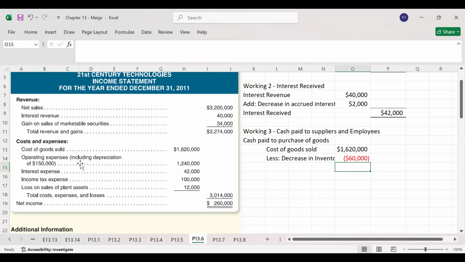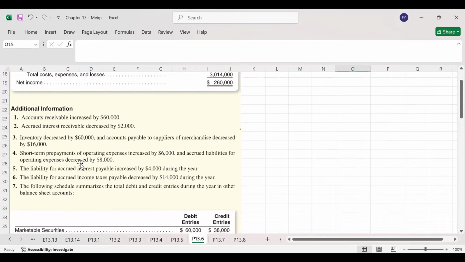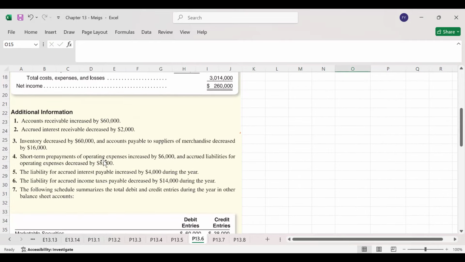The next adjustment is to adjust any decrease or increase in accounts payable. You can see accounts payable to suppliers is decreased by 16,000. If there's a decrease in accounts payable, it means that the company has paid off some of its outstanding balances to the supplier during the period.